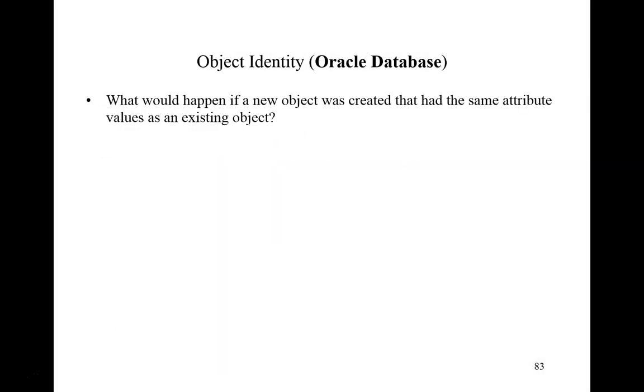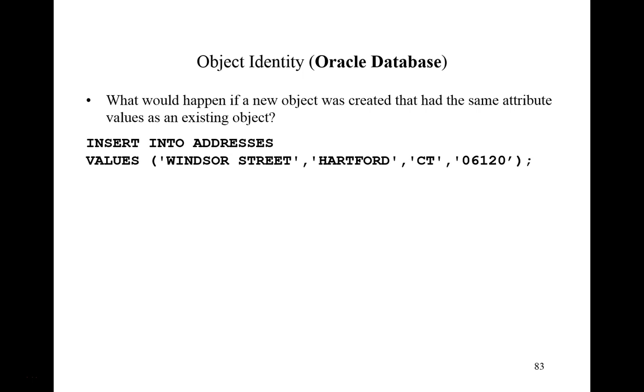Finally, because the focus of this video pertains to object identity, let's consider what would happen if a new object was created that had the same attribute values as an existing object. All of the attributes had the same exact value of an already existing object. We insert into addresses an object with the values of Windsor Street, Hartford, and so on.